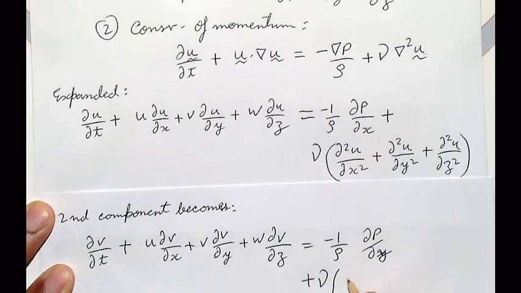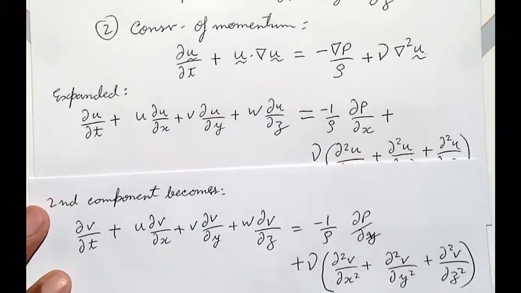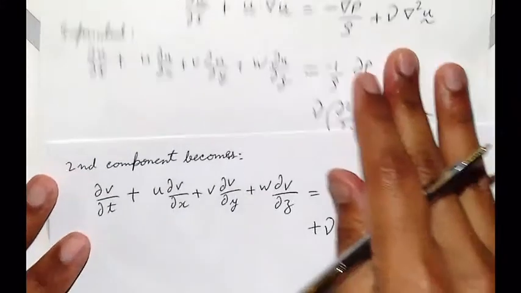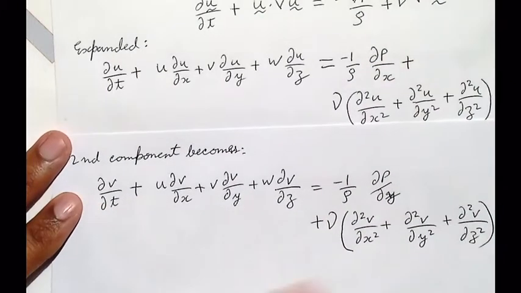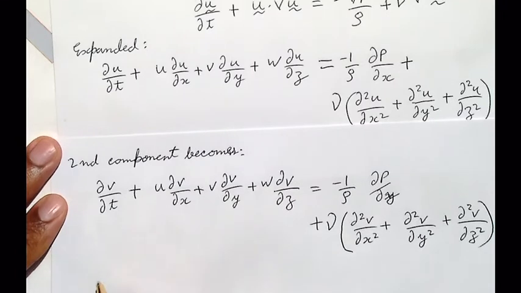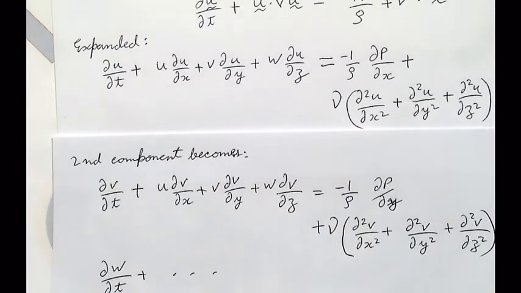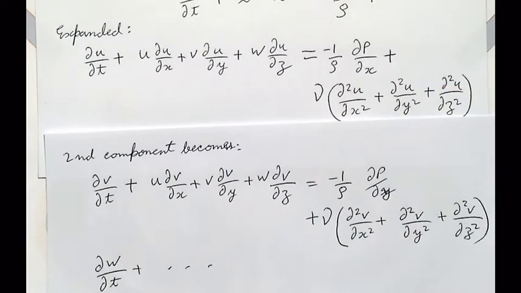All u becomes v. All of the u's get replaced with a v. Okay, so see, it's very similar, but now we're looking at how v evolves in time, right? And then w is plus dot dot dot. Okay.